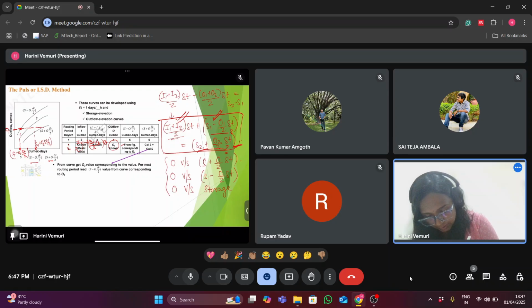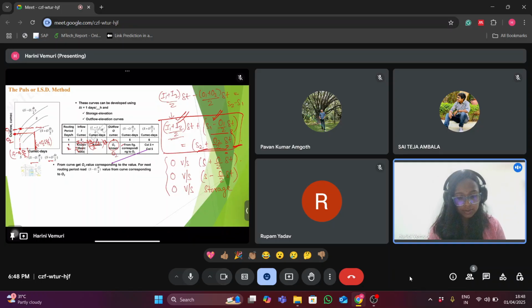We know this. Then, from this graph, we can get the value of outflow at time step 2, so we will keep it here, whatever the value. Like this, at each row, we will do the calculation.